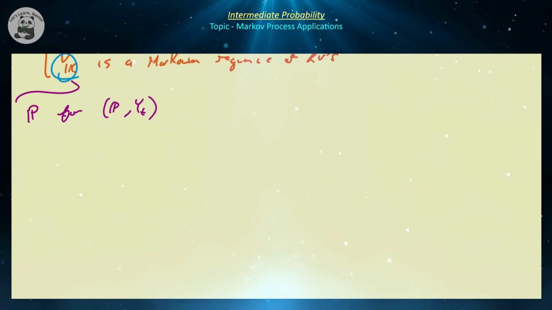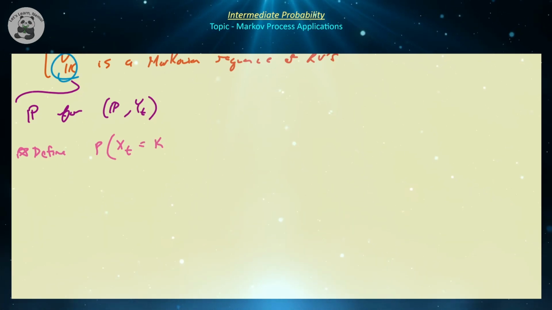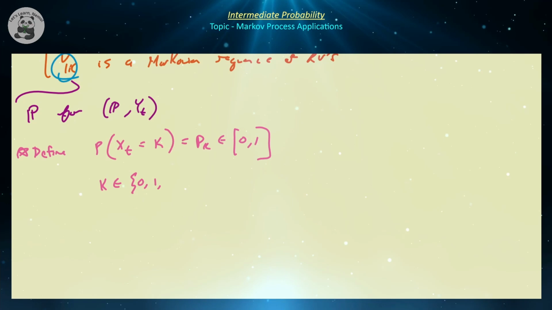We need to see if we can build some probabilities for this process. So we're going to define the probability that the number of people that arrive is equal to k as p_k, and p_k obviously is going to be a probability from 0 to 1. k is going to belong to 0, 1, 2, and so on. That's how many people arrive at time t.